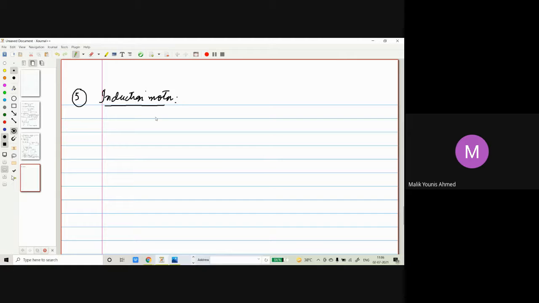Now induction motor, if you can see in your single line diagram, which we have already referred, is connected to bus bar 4. You can see here it is connected to bus bar number 4, and this is induction motor IM. So this is the representation in the per unit system.